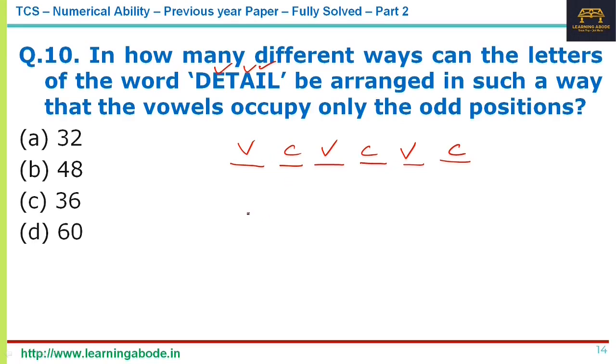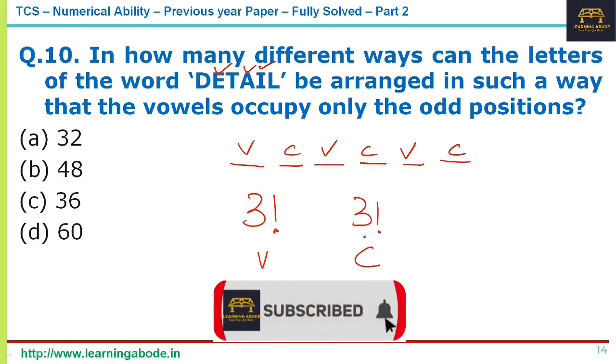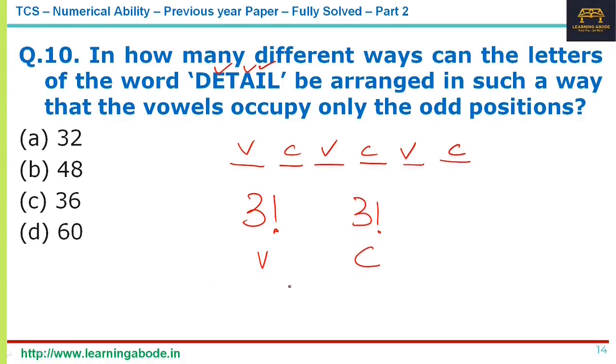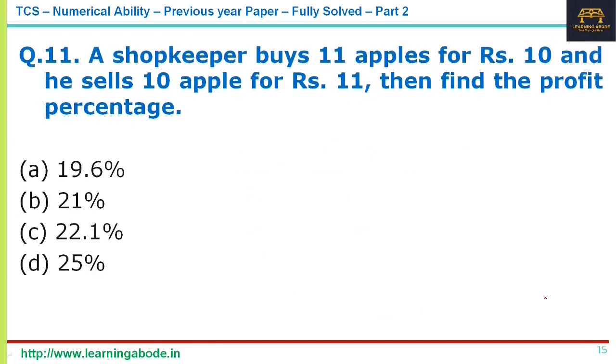The 3 places can be occupied by the 3 vowels in 3 factorial ways, and similarly the 3 consonants can occupy the 3 places in 3 factorial ways, because it's 3P3, that's 6. So 6 into 6, 36 is the answer for question number 10.